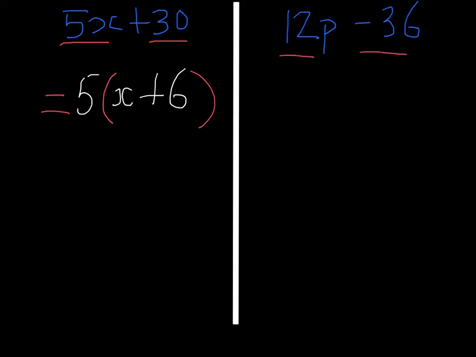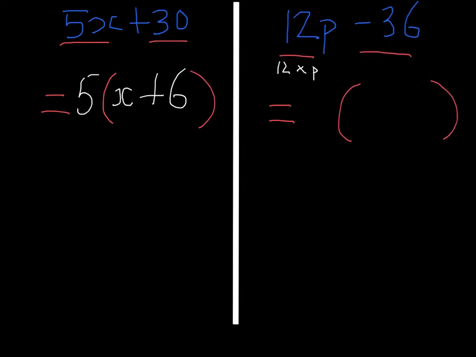So the same thing applies to the second equation. Looking for the highest common factor between the two terms to factorise it. In this case, the highest common factor between 12p, we can write this one out just so you can see what I mean, 12 times p, that's essentially what it is.